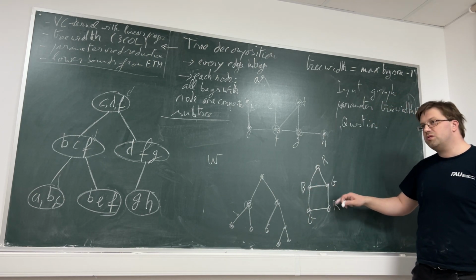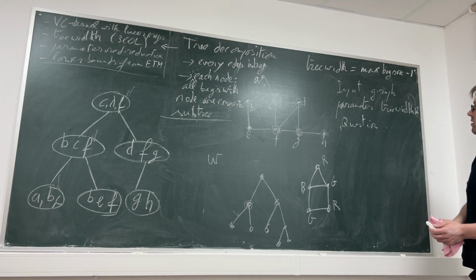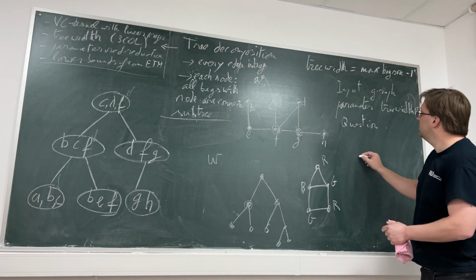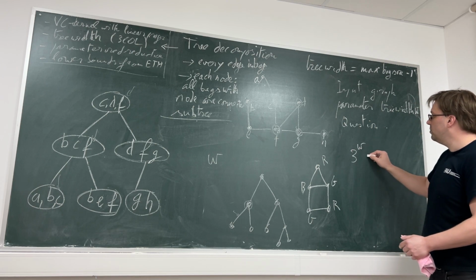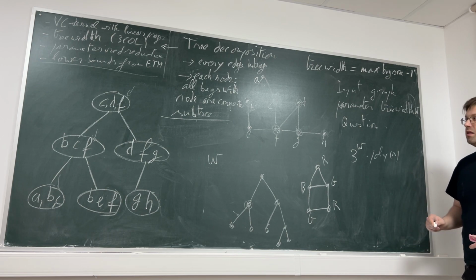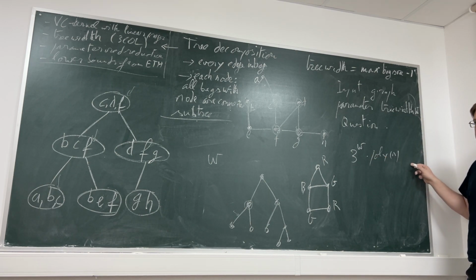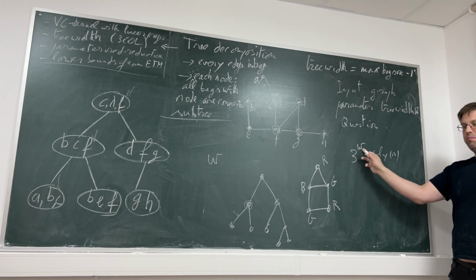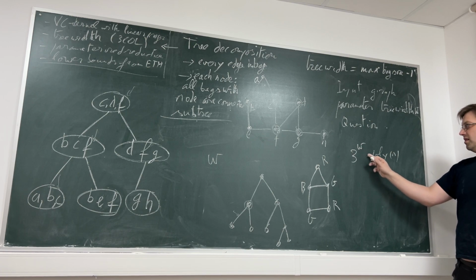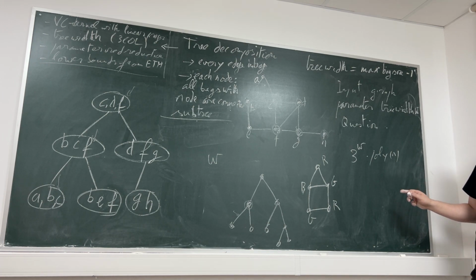Every edge connects two nodes with different colors. And so the runtime is 3 to the power W times poly n. What is W? W is the tree width. So that's our parameter. And so it's FPT, because the parameter doesn't influence the power in which the size of the problem appears.